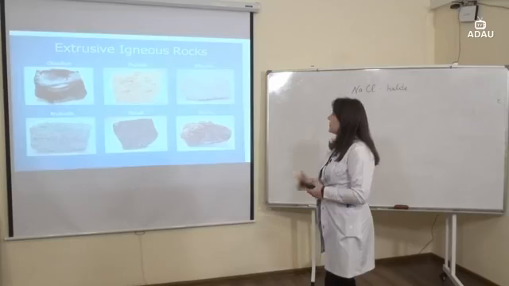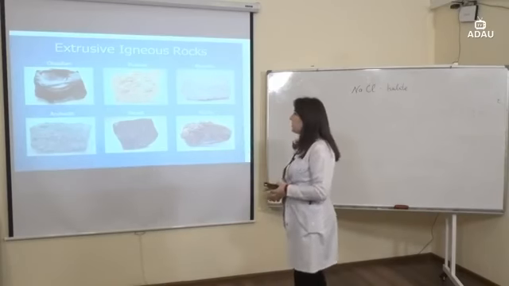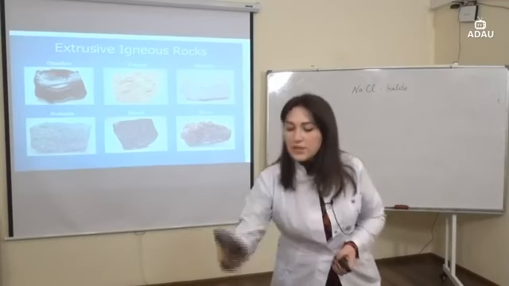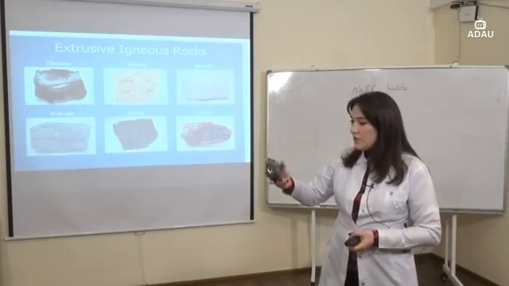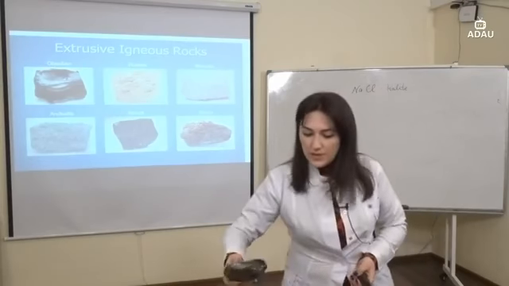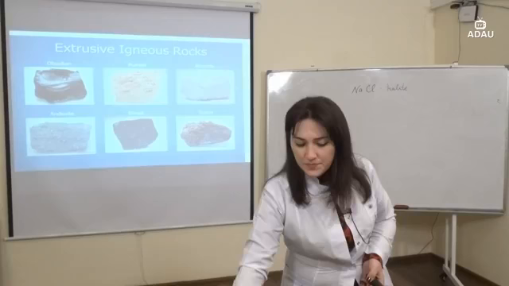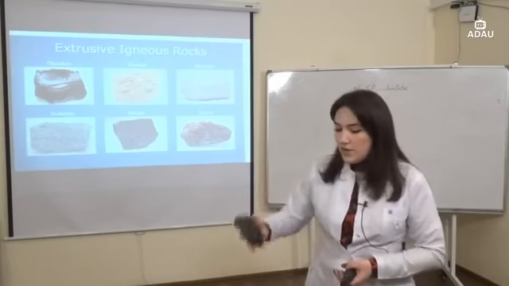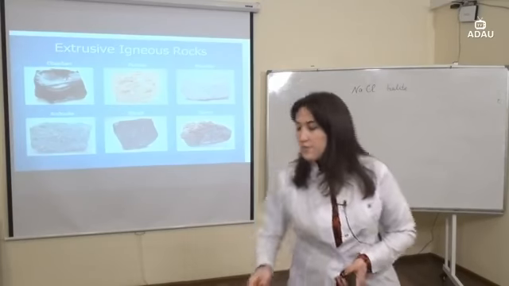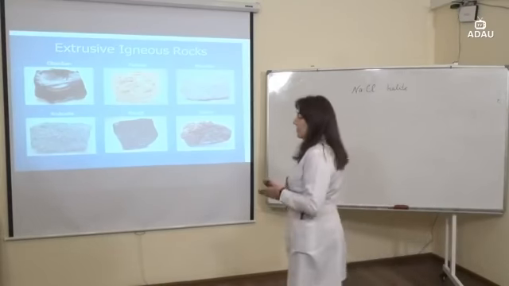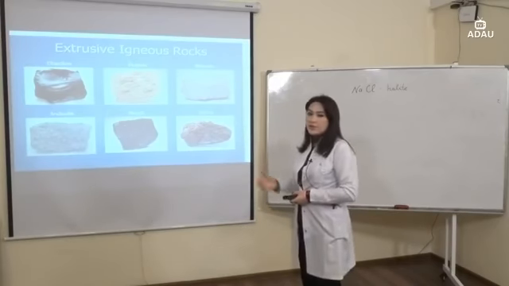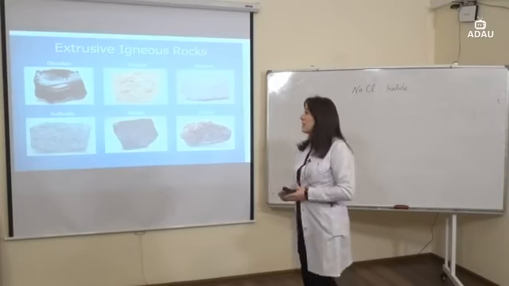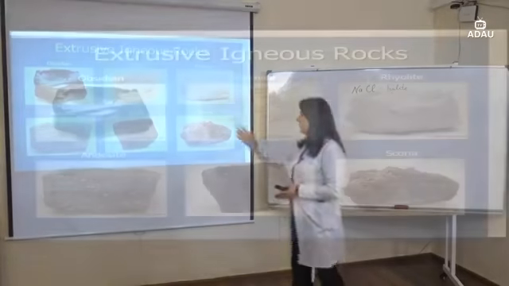Here, extrusive igneous rocks, for example, are mainly volcanic glass or obsidian. Here is the extrusive igneous rock we call volcanic glass, sometimes obsidian. And here we easily see the glassy texture. When the molten material solidifies on the Earth's surface, a glassy texture occurs, like obsidian.